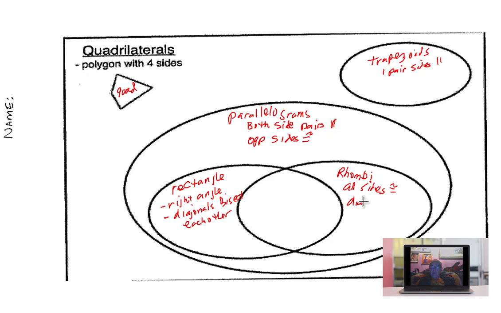The diagonals are perpendicular bisectors. Diagonals are perpendicular bisectors of each other, and diagonals bisect the angles.